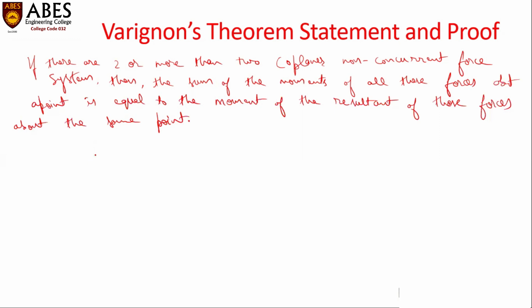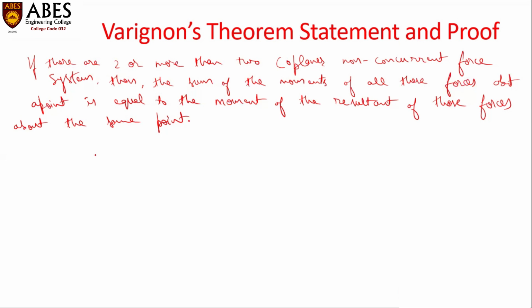So suppose there are forces F1, F2, and F3, and the resultant of these three forces is R. Now we arbitrarily choose a point in that plane and say that point is O. Now we take the moment of these three forces F1, F2, F3 about that point O. And let us suppose these moments are M1, M2, and M3. One or more than one of these moments may be negative also.